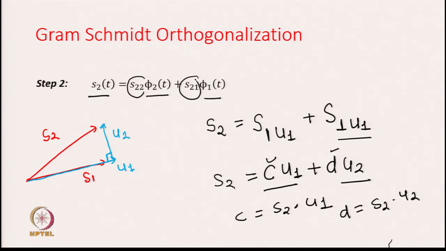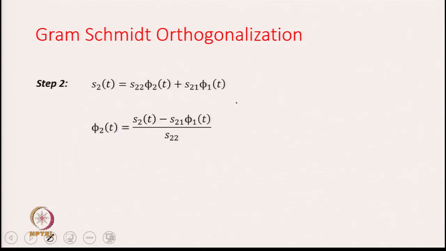Okay. So, after having understood this basic idea of how we are writing out this expression, let us now try to find phi2(t). Phi2(t) can be simply obtained by using this relationship. I am doing some algebraic manipulation, and from this relationship I can easily see what this phi2(t) may be.